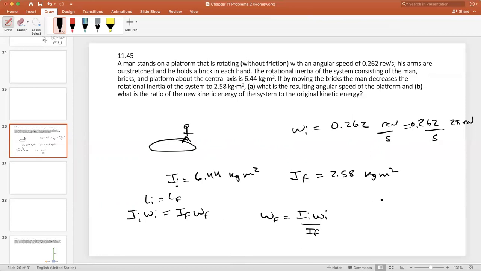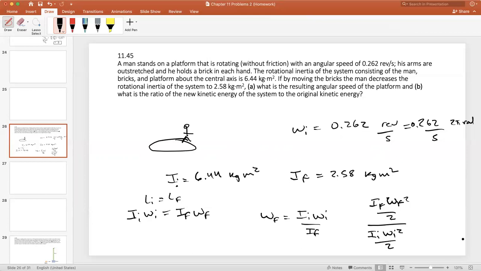And then from that, the ratio of the new to the old is I final omega final squared over 2 divided by I initial omega initial squared over 2. That's easy enough.